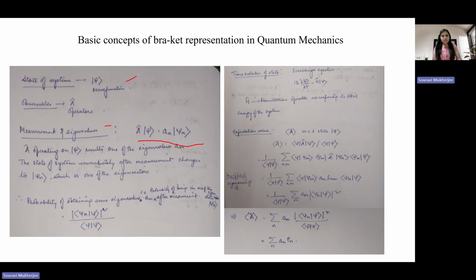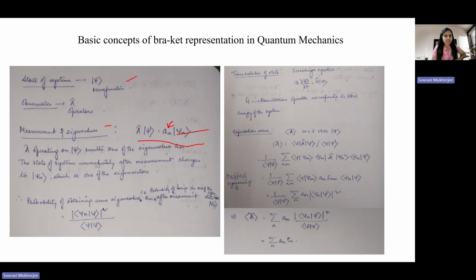Now, once you make a measurement, the state of the system immediately collapses to one of the eigenvectors. Now, if you have some quantity, how do you define the expectation value? We'll get to that. But before that, what you can see here is that these coefficients are actually a measure of the probability of your system to be in the psi n state.